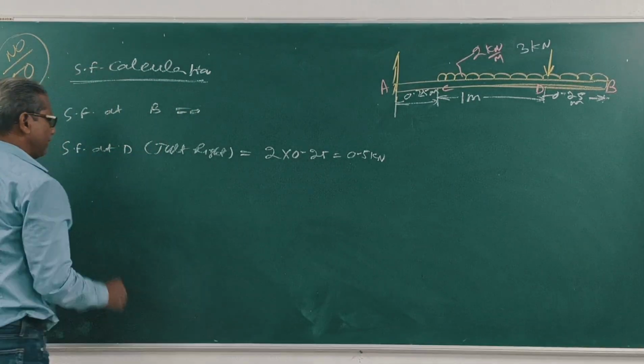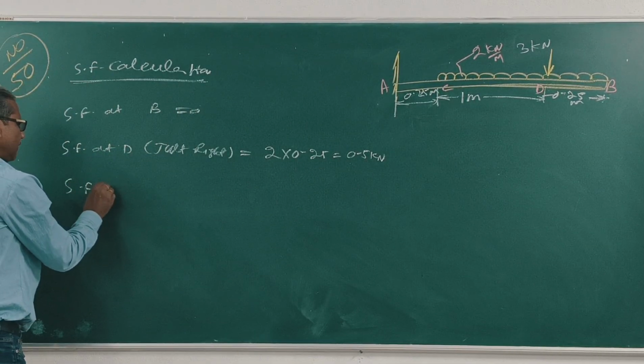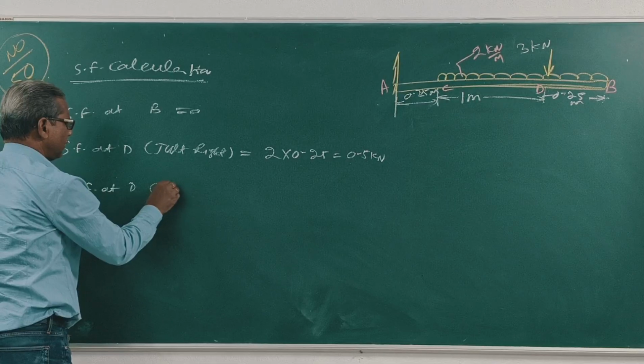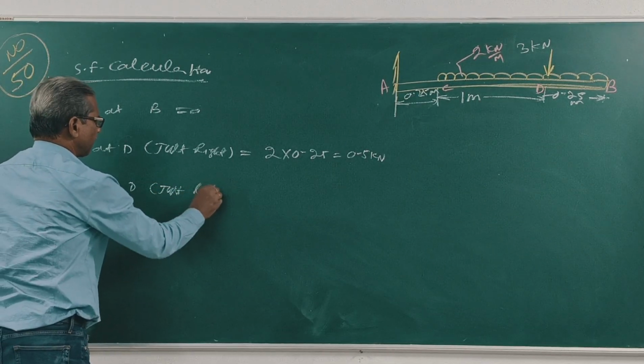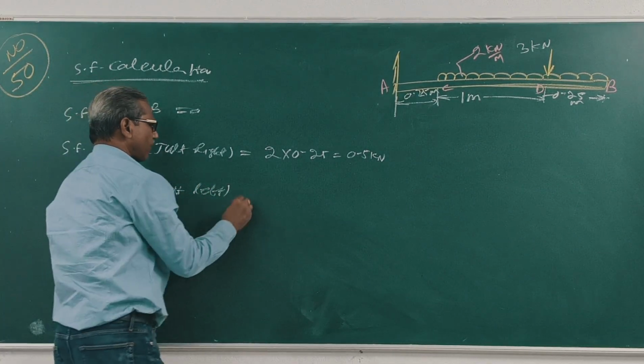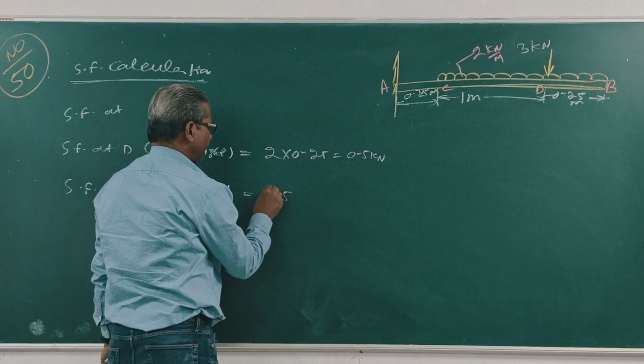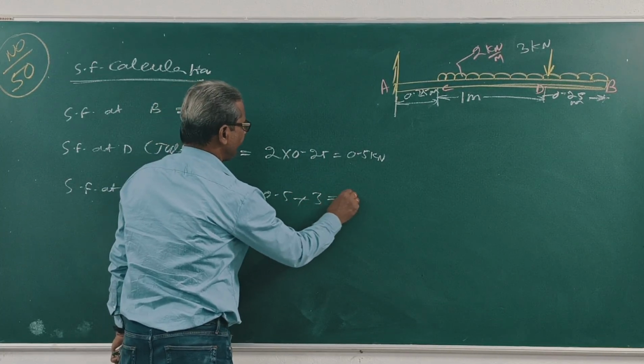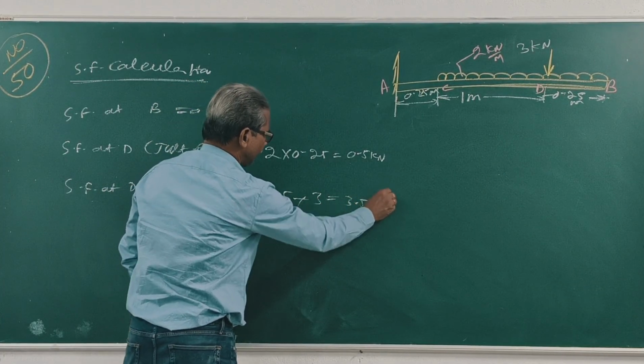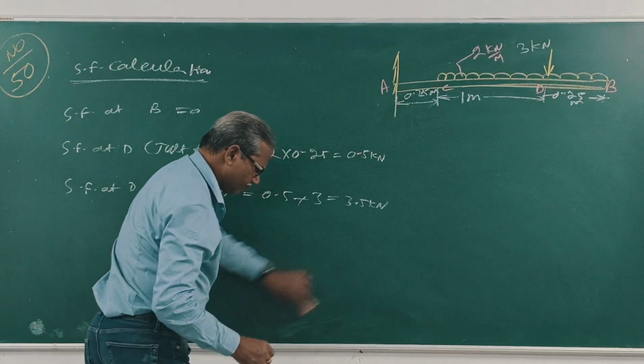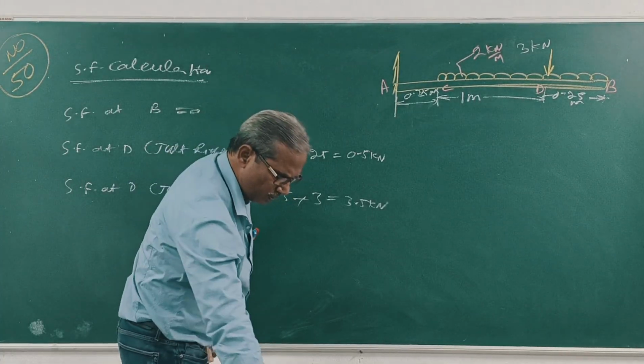At D, just left: shear force at D just left is 0.5 plus 3, 3.5 kilonewton. Right?